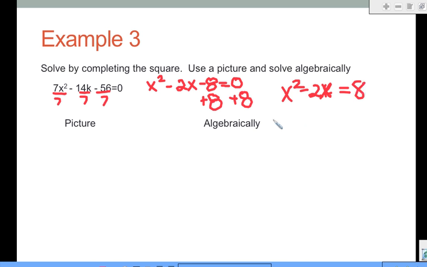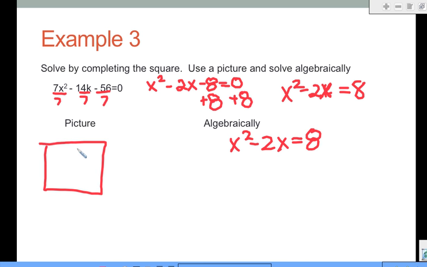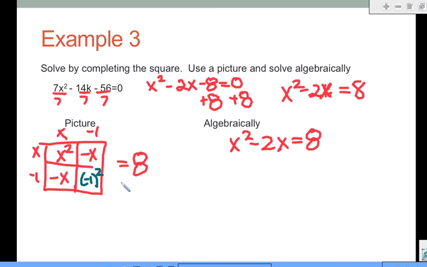Algebraically, x squared minus 2x equals 8. In our picture, x squared, we have two x's, so minus x and minus x, so minus 1. Here we add negative 1 squared to each side.